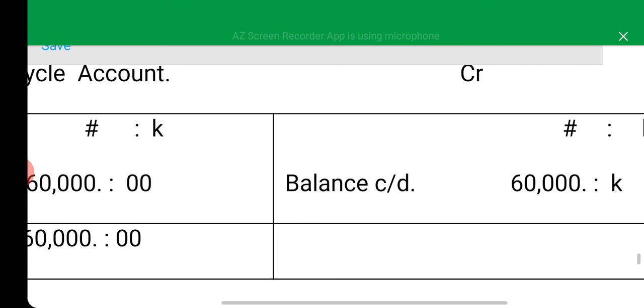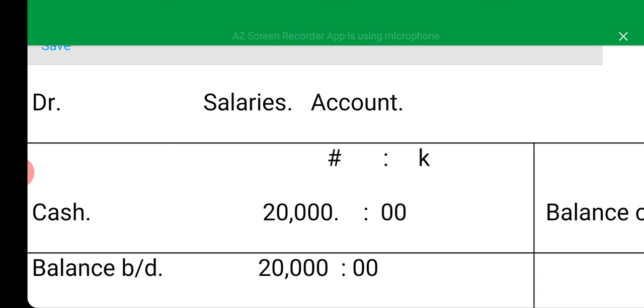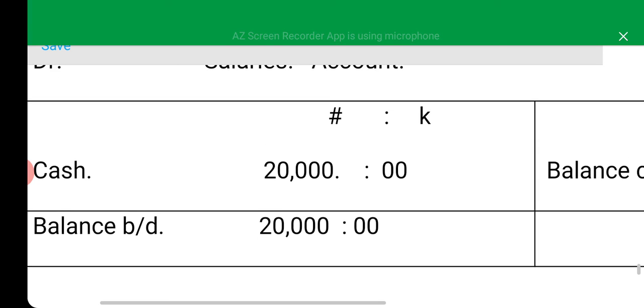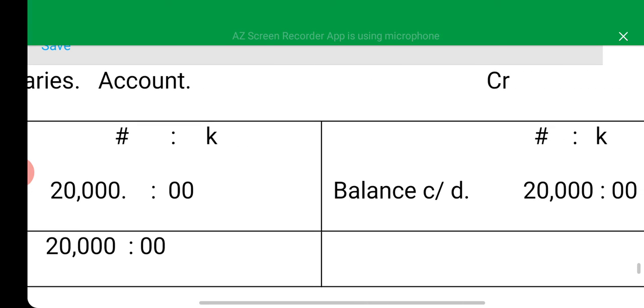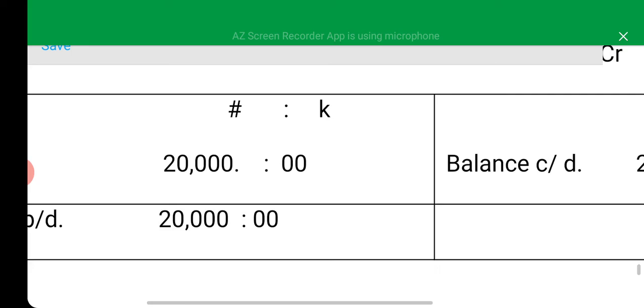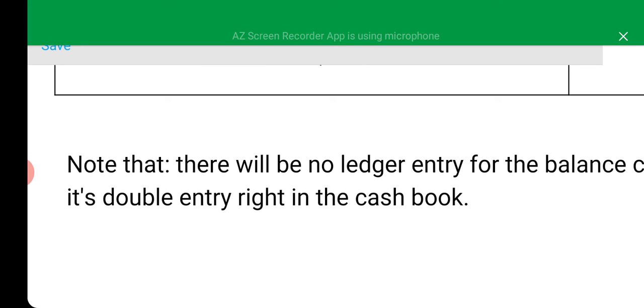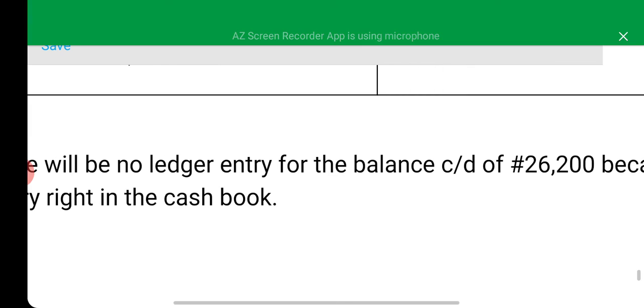We have the balance carried down and the balance brought down. Then the last one there is that of salary account. So it's going to be debited as cash too, because we brought the information from the cash book, and we have the debit side. We have the balance carried down and the credit side recorded as 20,000 naira and the balance brought down. Note that there will be no ledger entry for the balance carried down.